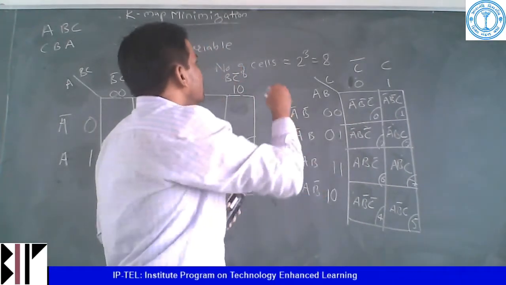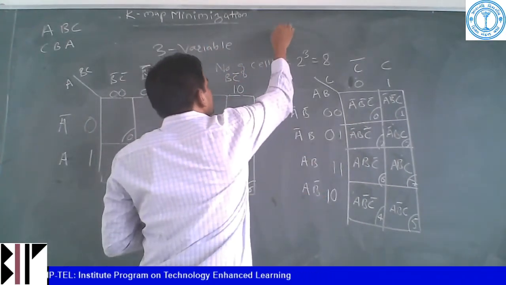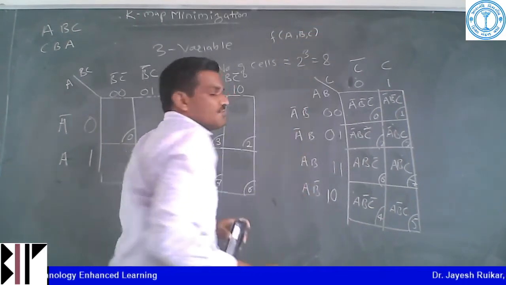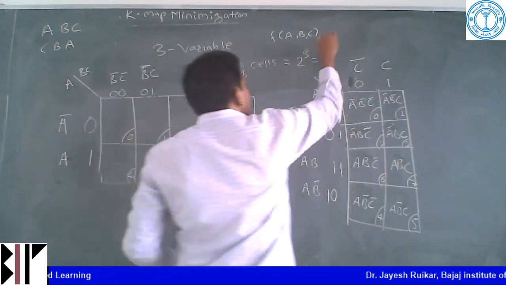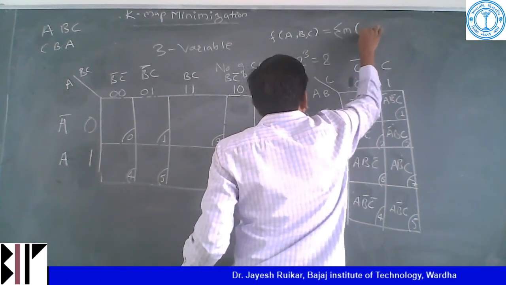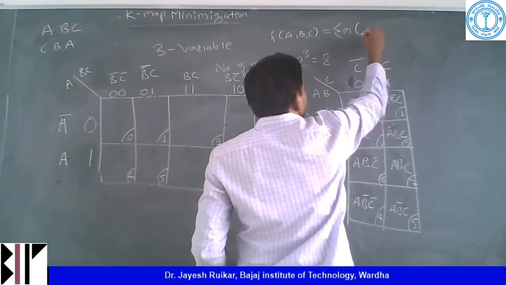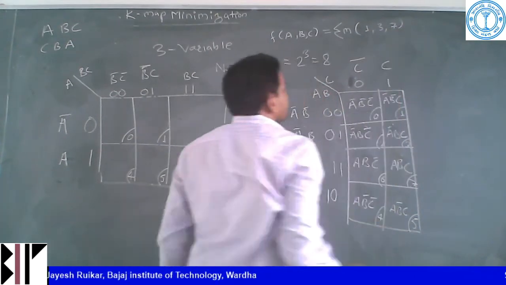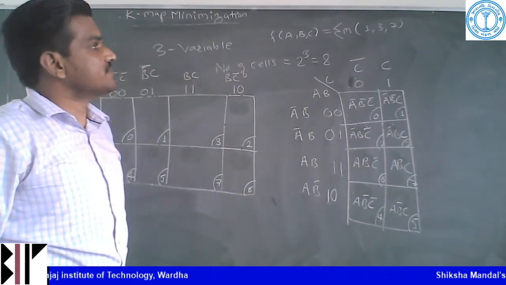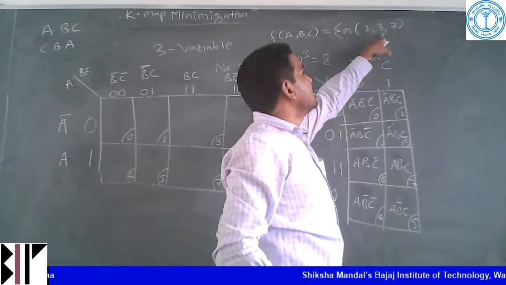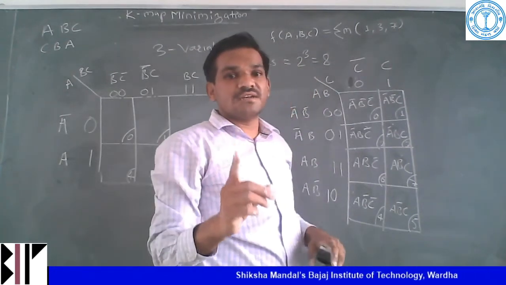Let us say one example: F of A, B, C is a summation m of a few values, 1, 3 and 7. That means for 1, 3 and 7 the output is 1.